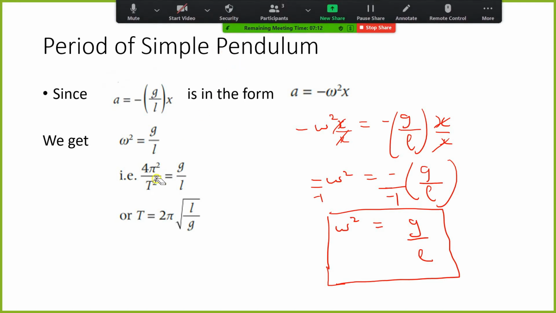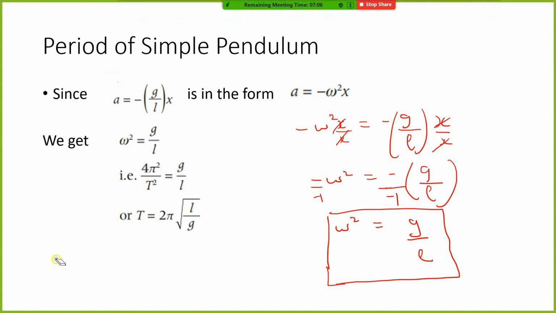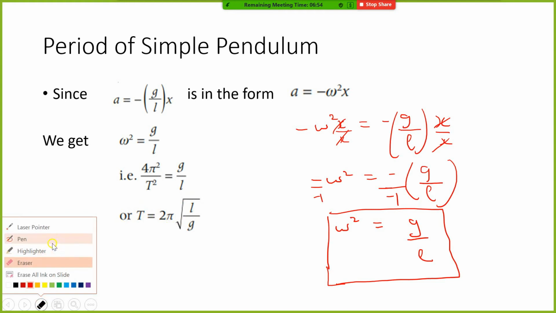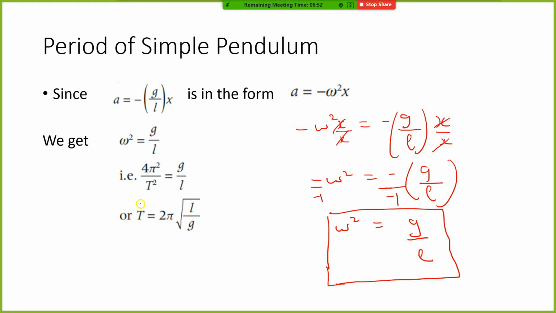Yes, sir. Now, having said all of that, the aim of us doing all of this is to derive the formula for the pendulum. For a simple pendulum, whenever we want to find the period, we always use this equation. I don't think this equation is new to us, but we are now deriving it, so to speak.